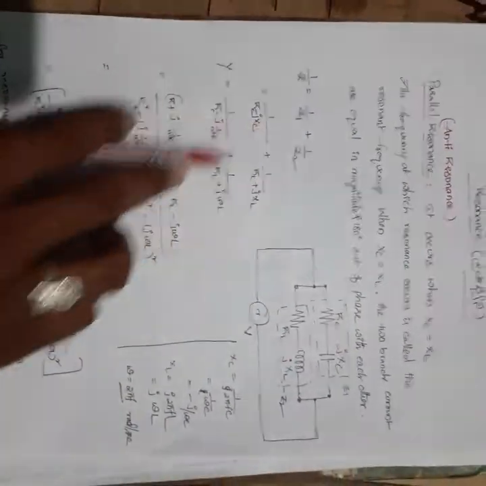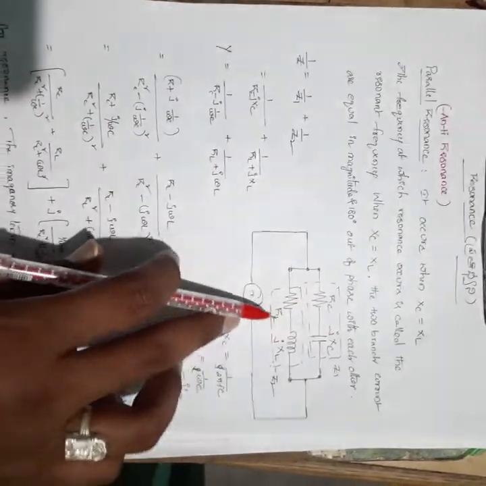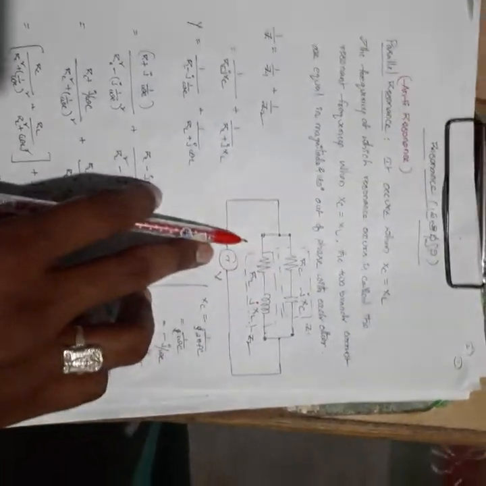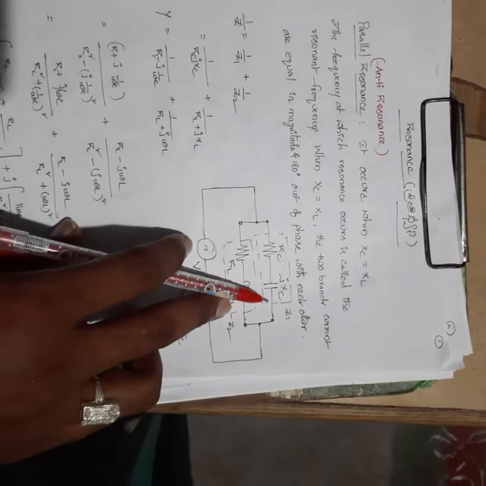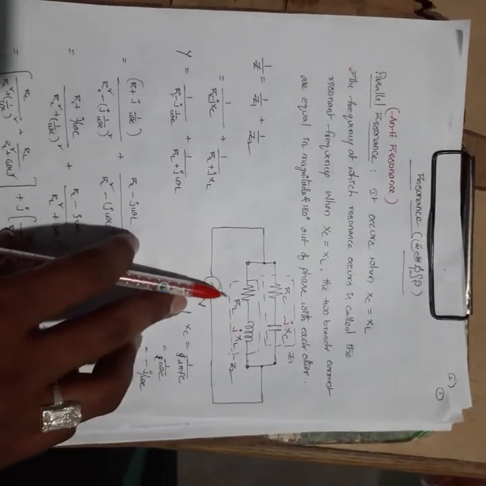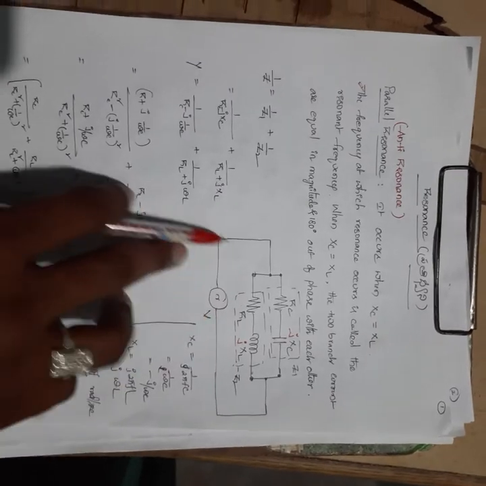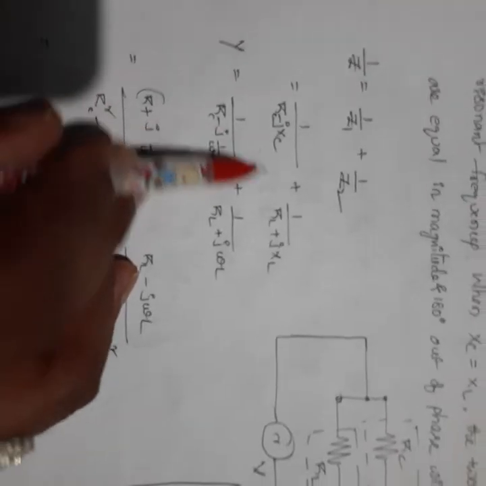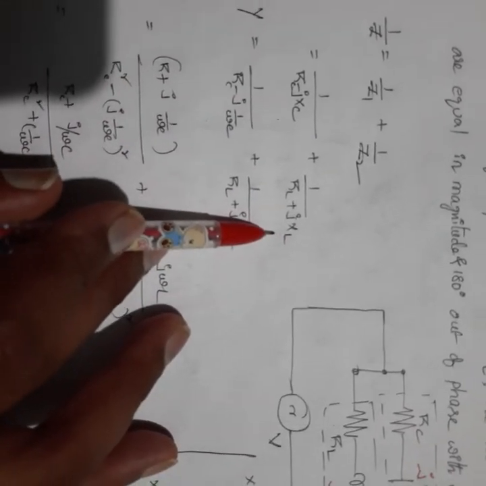Now I calculate the total impedance. These two branches in the circuit are in parallel. That is why 1 by R equals 1 by R1 plus 1 by R2. Similarly, for an AC circuit, 1 by Z equals 1 by Z1 plus 1 by Z2, which gives the total impedance. Here Z1 is RC minus jXC and Z2 equals RL plus jXL.